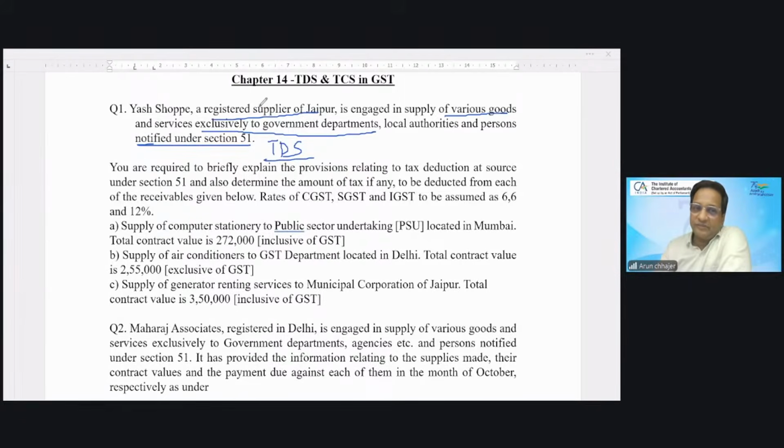TDS का rate क्या है? 1% CGST, 1% SGST. So total is 2%, right?